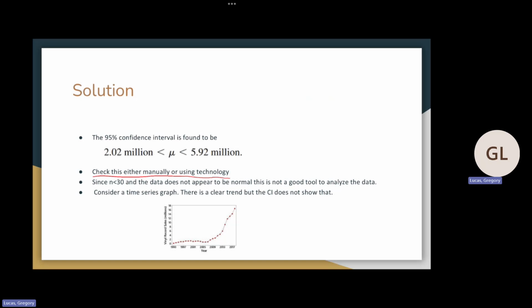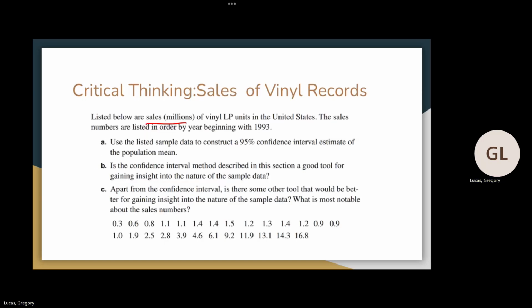So I'm not going to find this confidence interval because I can see that this data is not normal. So that's why I didn't write out all our computations here. Just because the question says we want to construct our confidence interval, it might not mean anything.